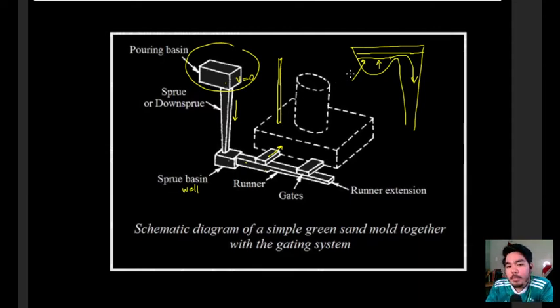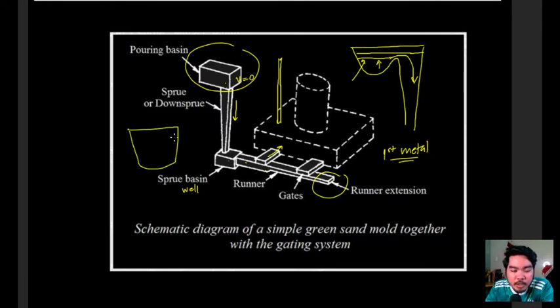Okay? Tapos, you'll also notice na meron tayong runner extension. Ang runner extension is just a way to ensure na yung first metal mo, we call it the first metal, no? Yung first metal, usually, ito kasi yung maraming impurities, no? Kasi when we're casting, ang unang pumapasok is, if for example, this is our melting pot, no? And it's filled with metal.